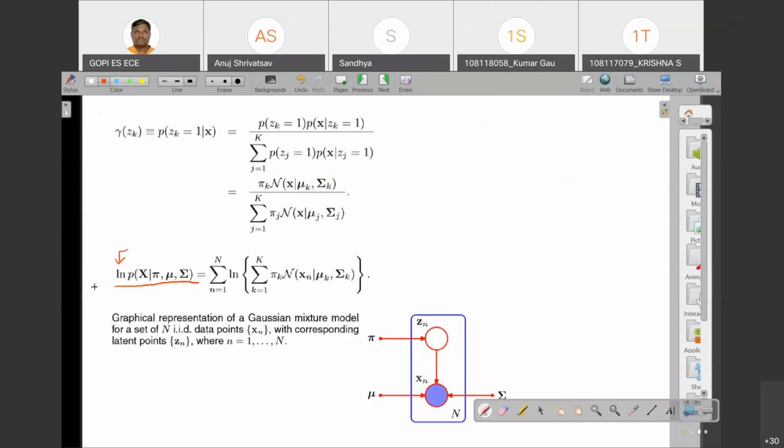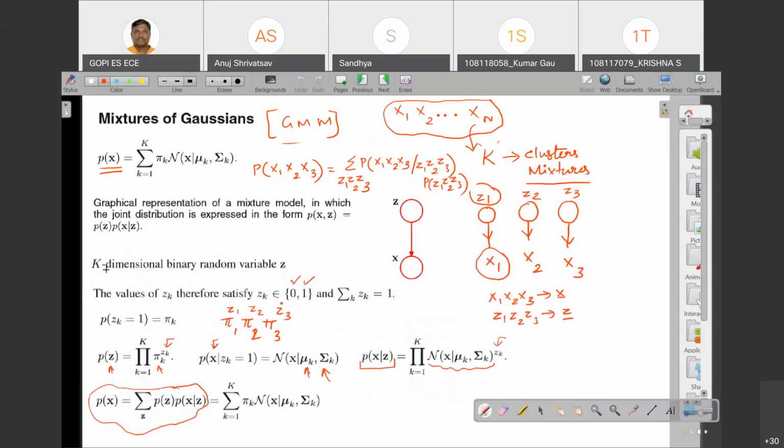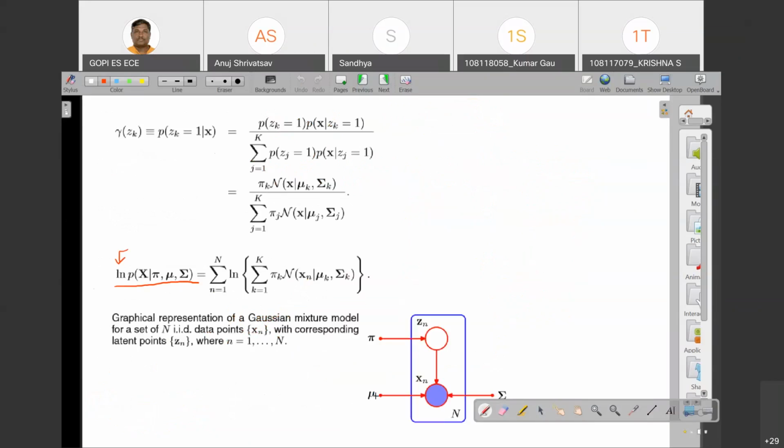So if I do so, in place of this probability of X given Z, we substitute this pi and take the logarithm of that, and that becomes a summation.